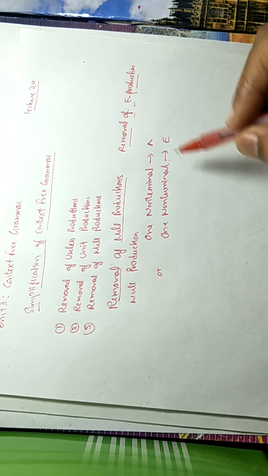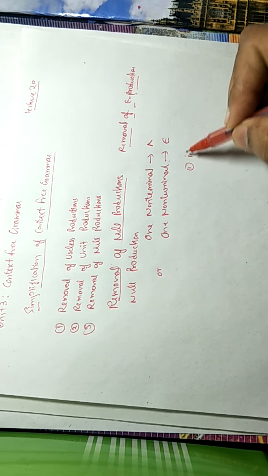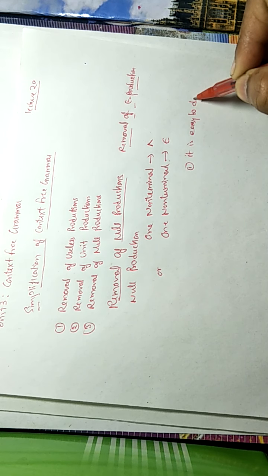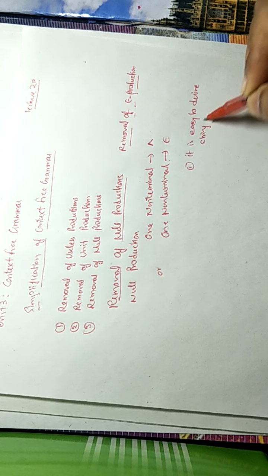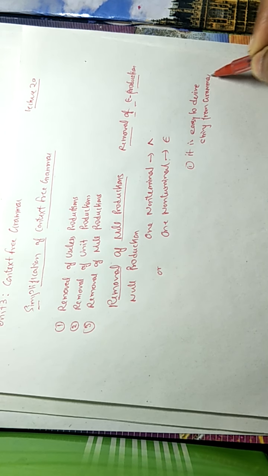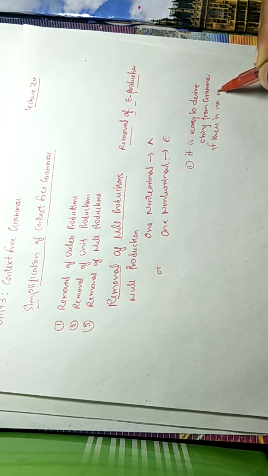And we remove the epsilon null productions because it is easy to derive strings from a grammar if there are no null productions.